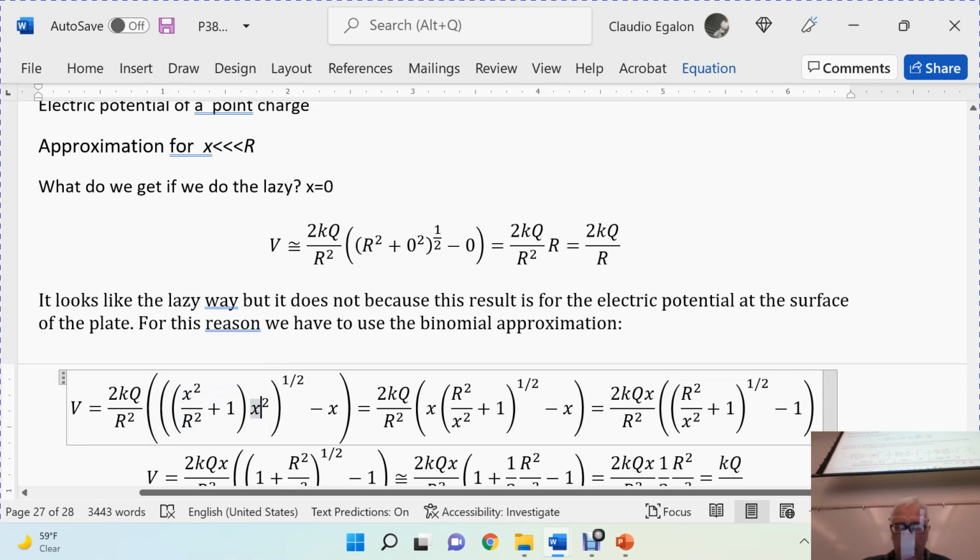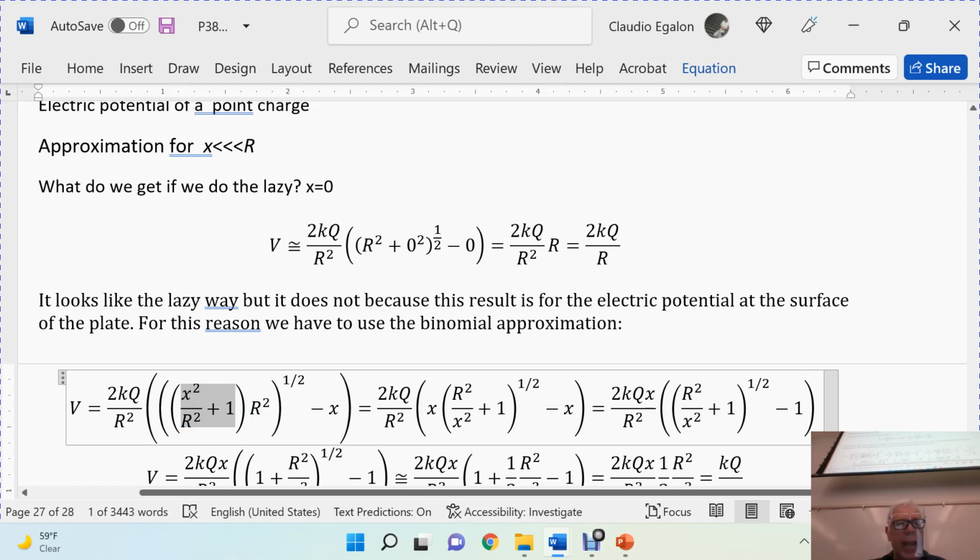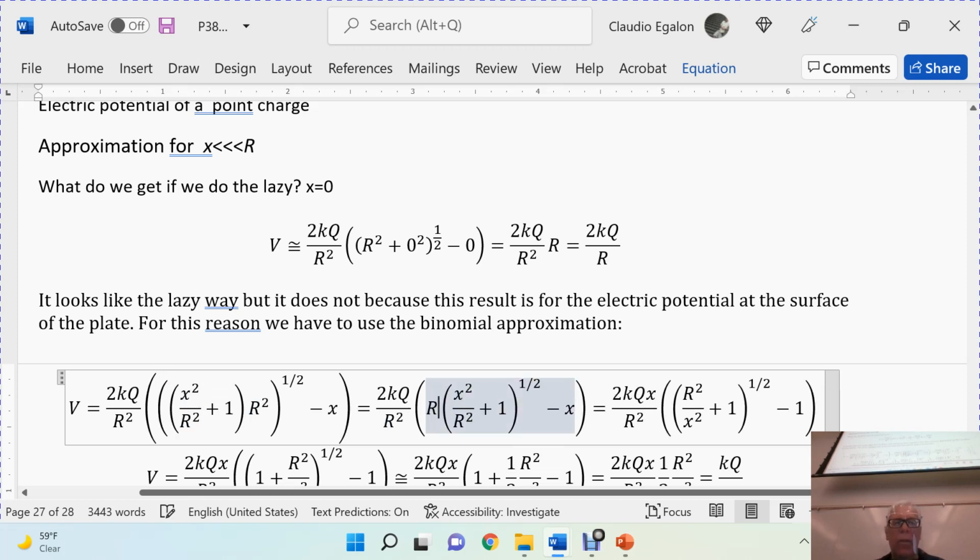R is the bigger one. Okay? So here you go. X divided by R is the one that's going to be less than 1. This term that we have right in here is the one that gets out of the square root.